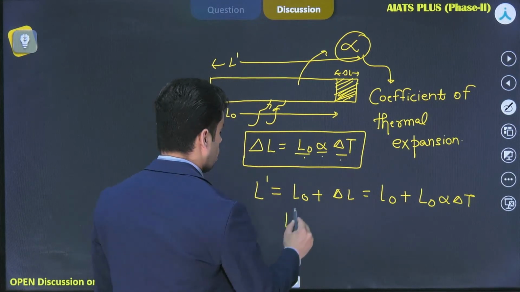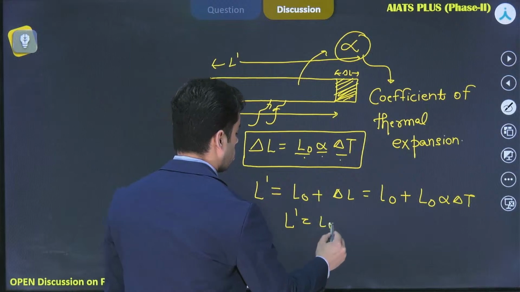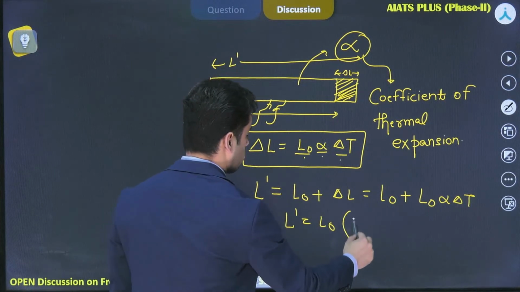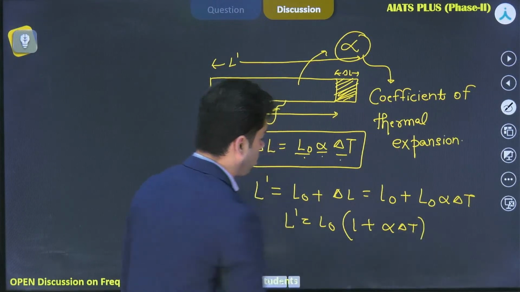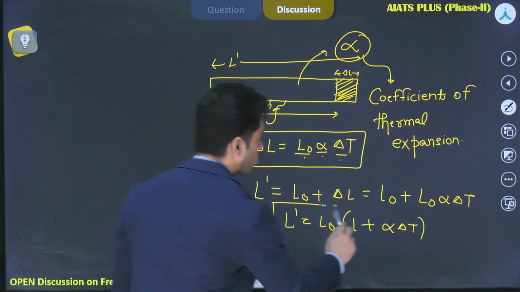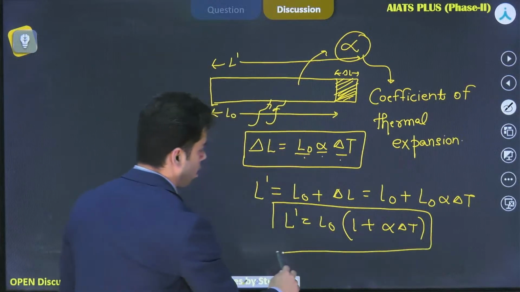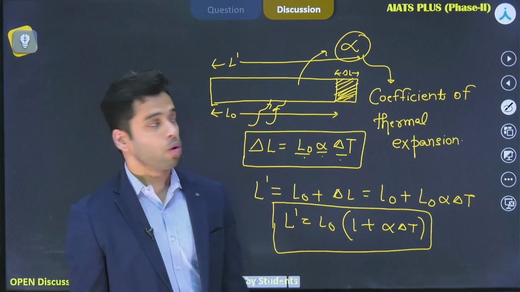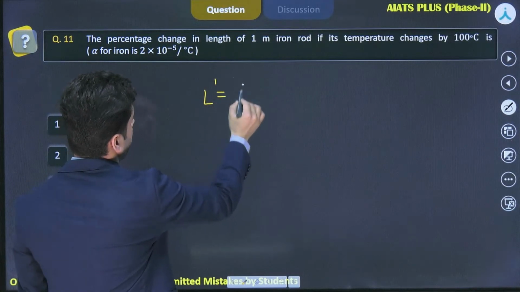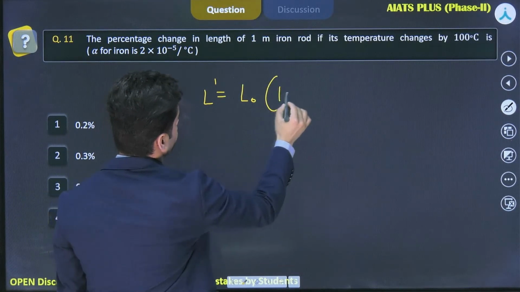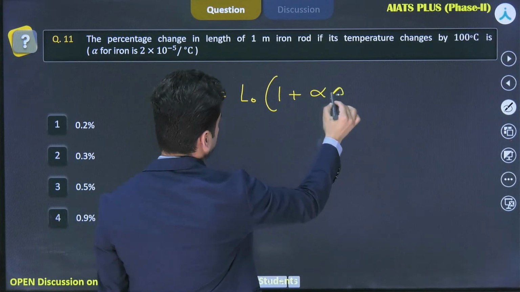If I take L0 as common, it becomes 1 plus alpha delta T. So this is the expression that we are going to use: L prime is equal to L0 times 1 plus alpha delta T. Now dear students, the new length is given by L0 into 1 plus alpha delta T.